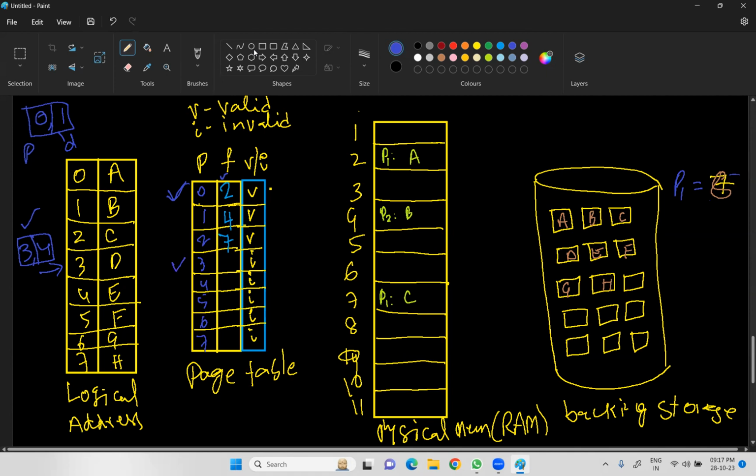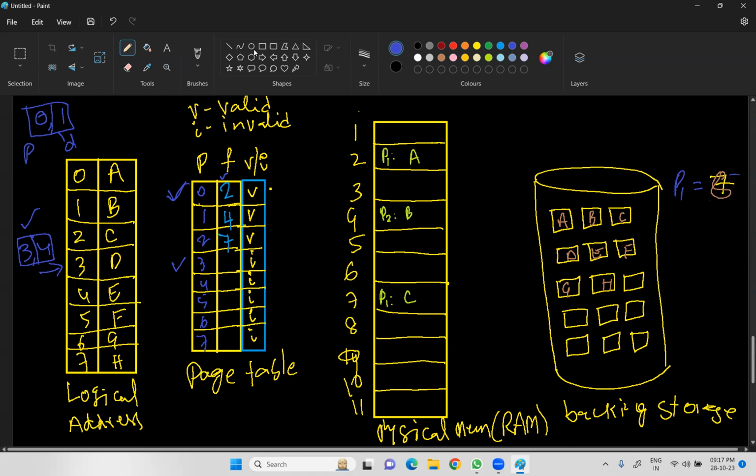But the frame against the 3rd page is empty, and if you consider the valid or invalid bit, it is invalid. So the page is not available within the physical memory. The page does not occupy any frame within the physical memory. So this kind of scenario is called a page fault.